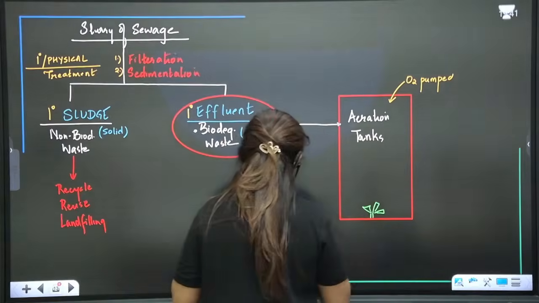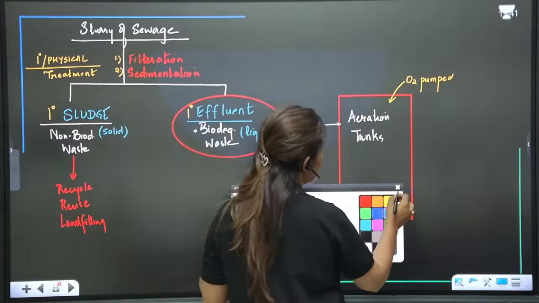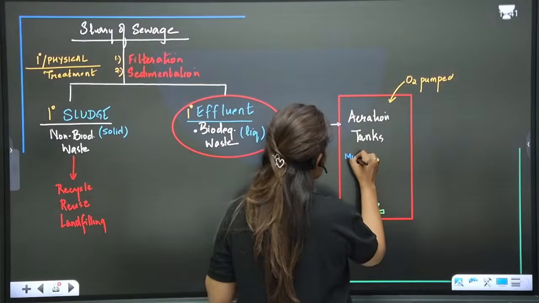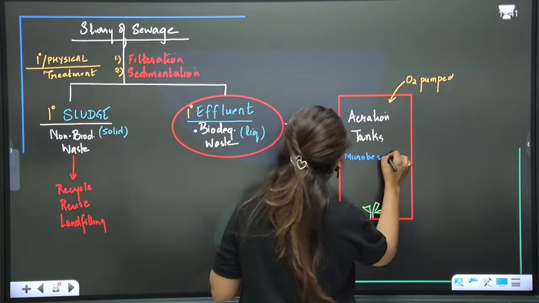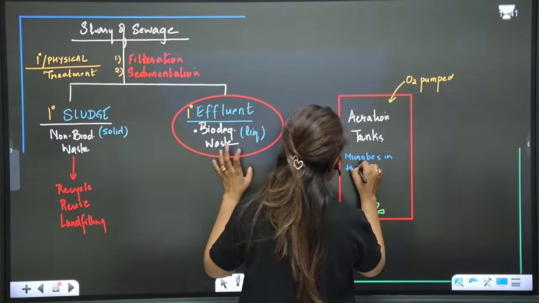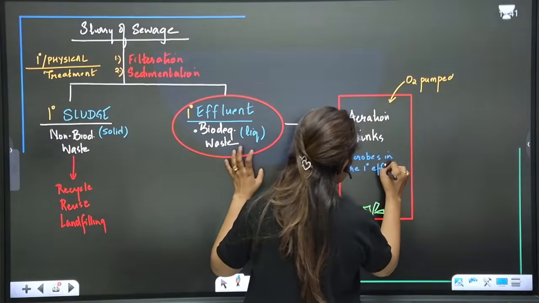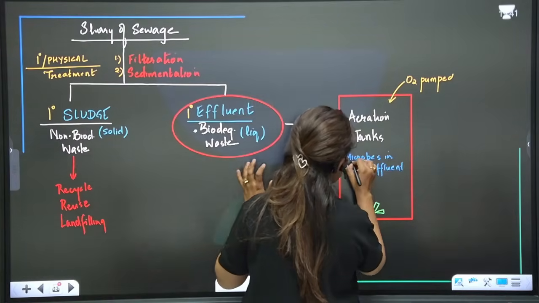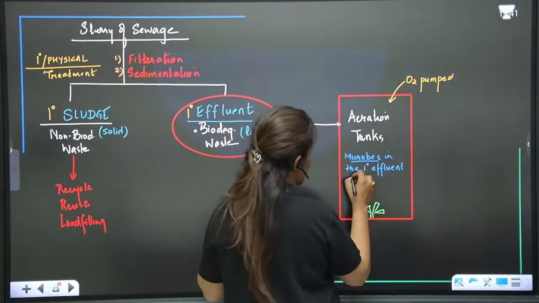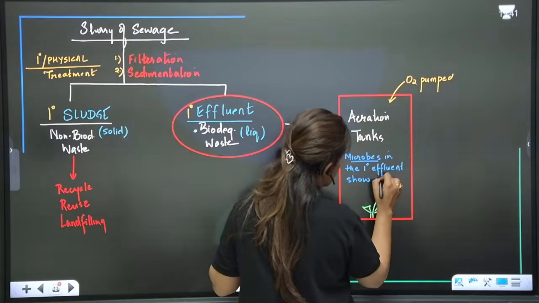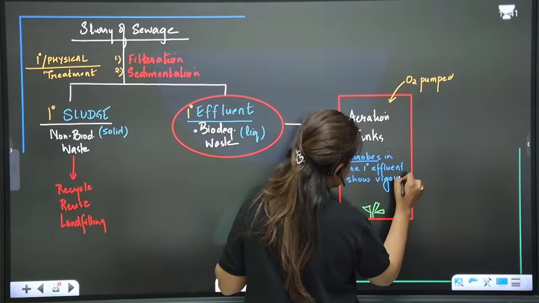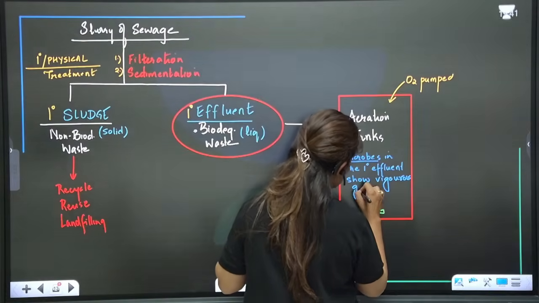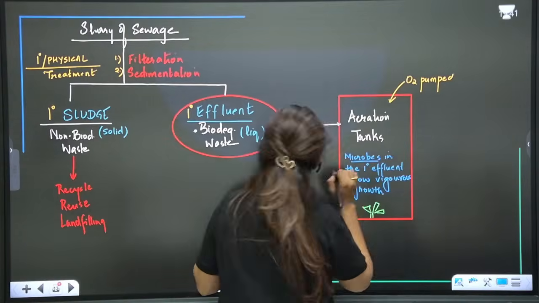The microbes which are present in the biodegradable matter, right? So microbes in the effluent, in the primary effluent, will increase. Those microbes in the primary effluent show vigorous growth. They increase suddenly. Okay, vigorous growth. So which are the microbes that I'm talking about?